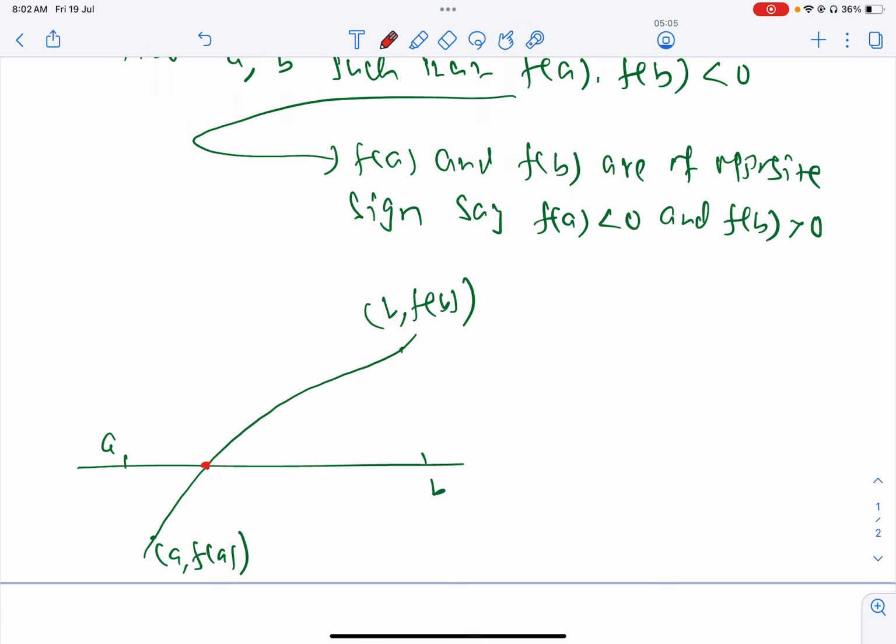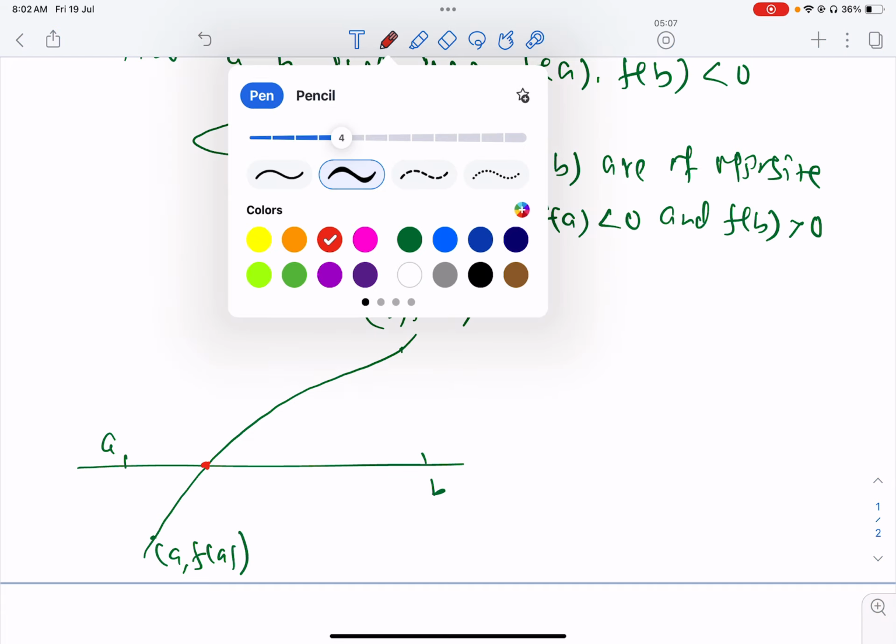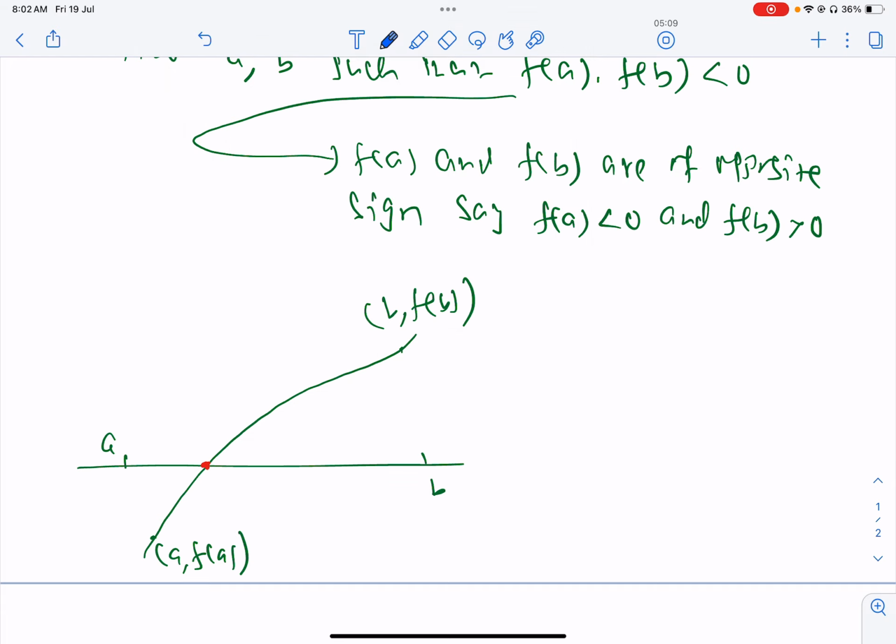There is at least one root. It may have more than one root, like this: here somewhere a, here somewhere b.